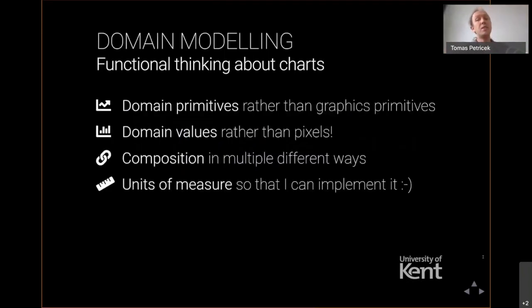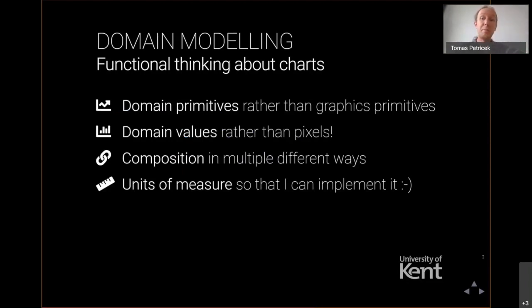So what are the key ideas about functional thinking? First of all, I think it's really thinking about the domain. So when you think about charts, you shouldn't be thinking about pixels because that's just a technical detail. You should be thinking about the domain primitives, like values in terms of years, exchange rates, and so on.